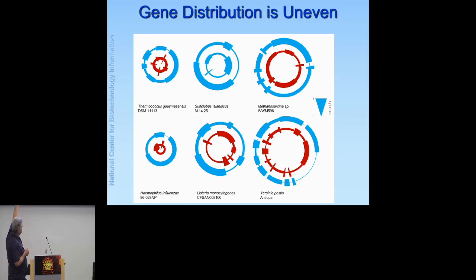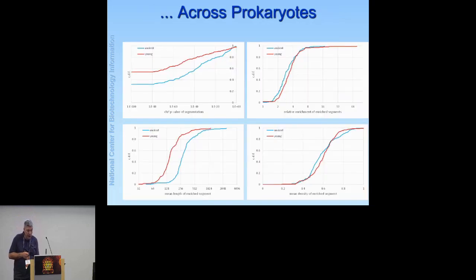The inner circles show mapping of the young genes onto chromosomes, and outer circles show mapping of ancient genes on the chromosomes. You clearly see that the distribution is non-uniform. You have regions enriched and depleted with young and ancient genes, respectively. And here we show examples across different bacteria and archaea, and here is a more formal analysis of these distributions.